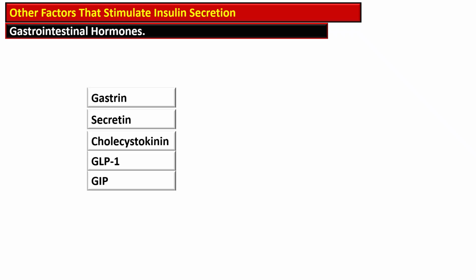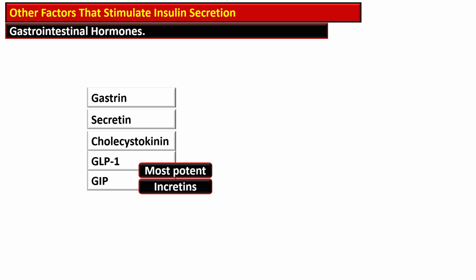Key gastrointestinal hormones that are responsible for increased insulin secretion include gastrin, secretin, cholecystokinin, glucagon-like peptide 1, and glucose-dependent insulinotropic peptide.